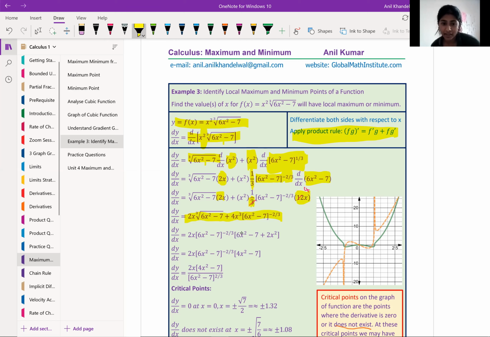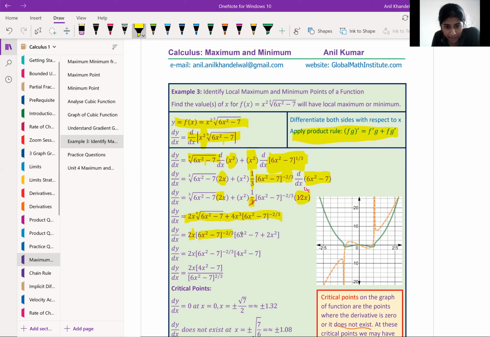Perfect. So now here we have to factor out. So you find out the common, like the lowest common terms, right? That's the word I was looking for. So we got 2x we can take out. And we can take out 6x squared minus 7 to the minus 2/3 because that's the lowest power. Yes.